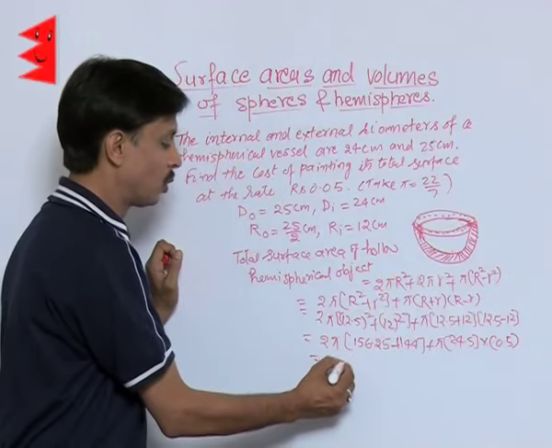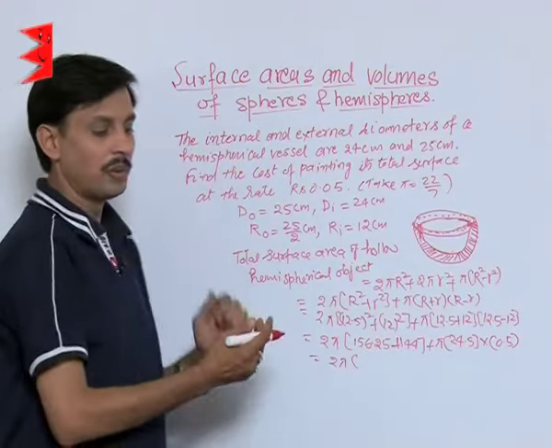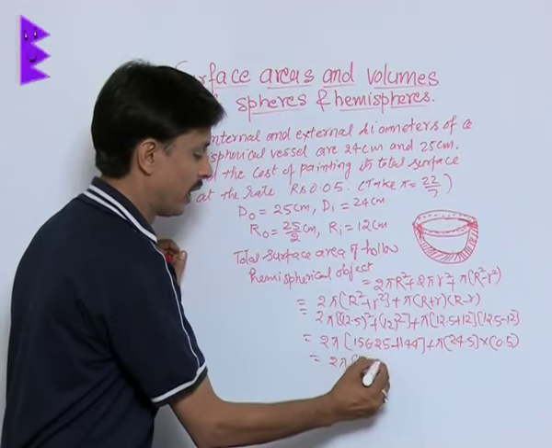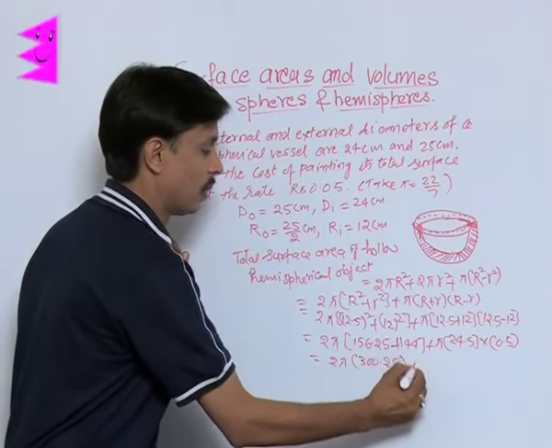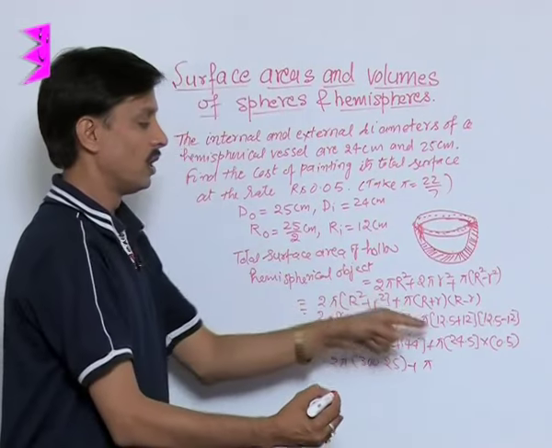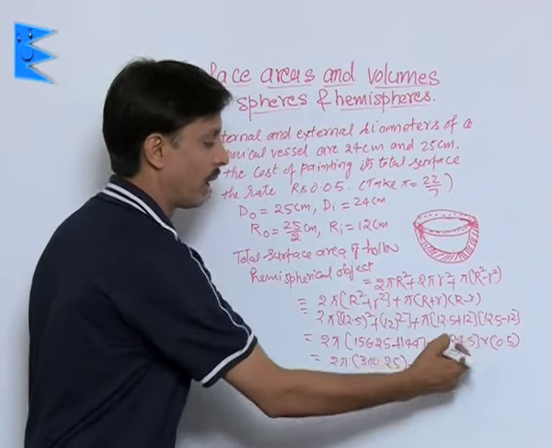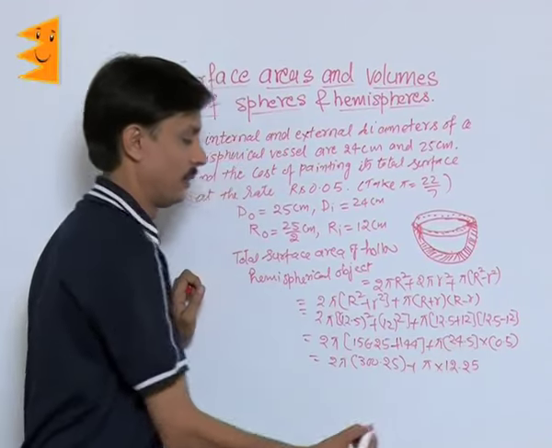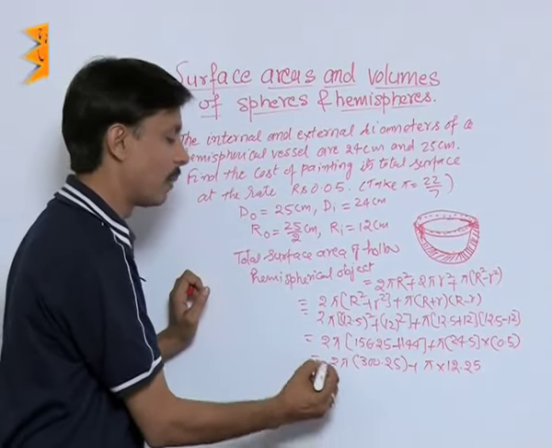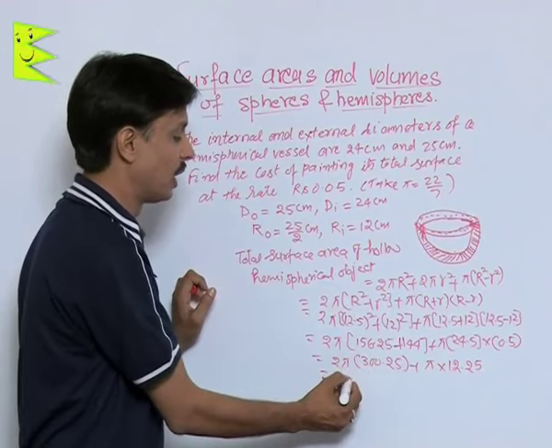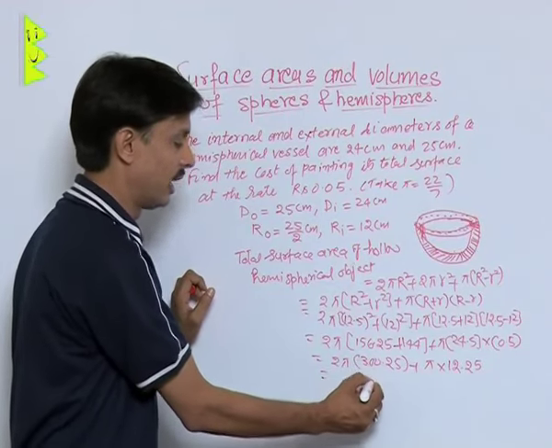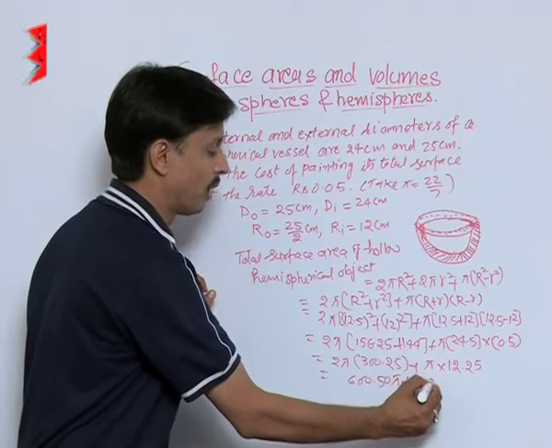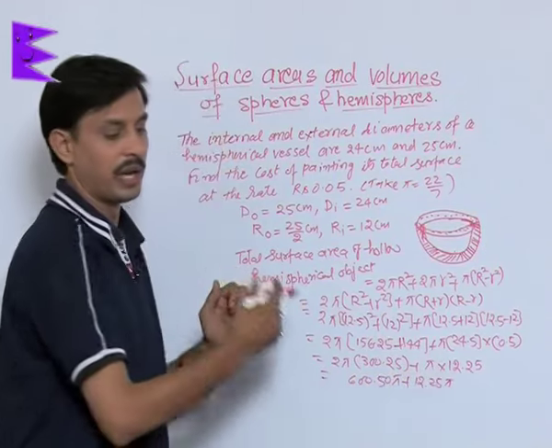This becomes 2 pi into the summation of these two values, which becomes 300.25, plus pi into this value, when 0.5 is multiplied to it, 12.25. So the answer is coming out to be, when this is multiplied, 600.50 pi plus 12.25 pi.